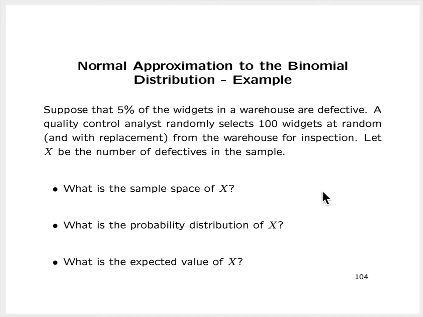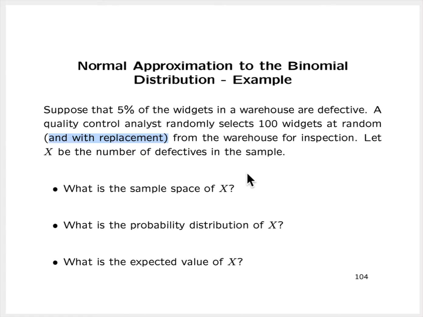So suppose that 5% of the widgets in a warehouse are defective. A quality control analyst randomly selects 100 widgets at random and with replacement from the warehouse for inspection. Let X be the number of defectives in the sample. So don't let the fact that we're sampling with replacement throw you.